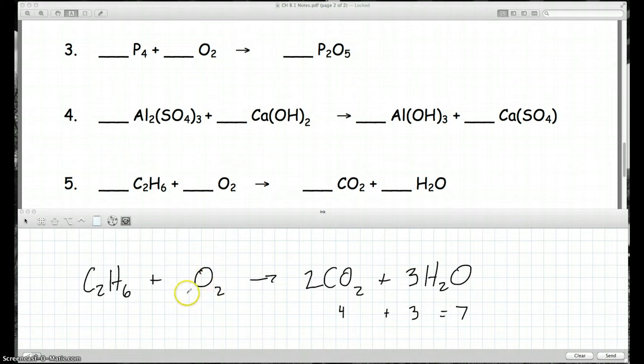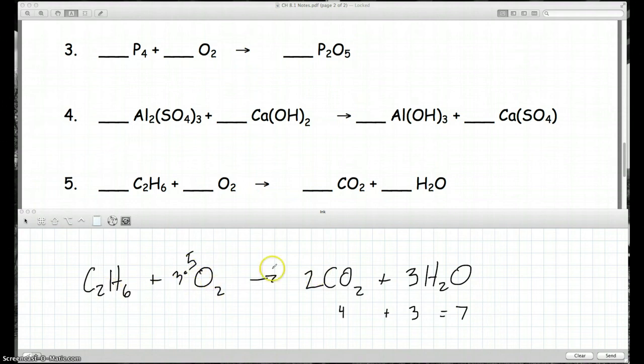If I put a 4 there, 4 times 2, that's 8. But what I can do temporarily is put a 3.5. And it's always going to be 0.5 something. That's why I call it the 0.5 trick. Because I know that 2 times 3.5 is 7. So it's just a little trick that I do to get it to balance.